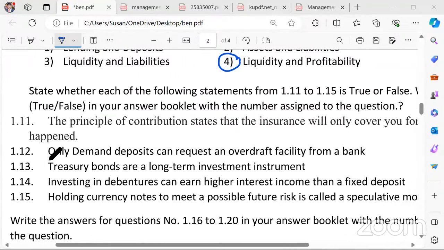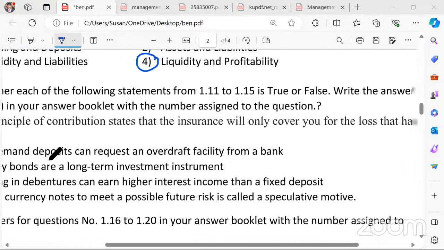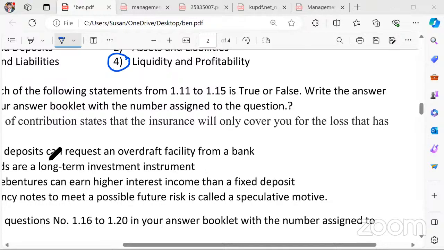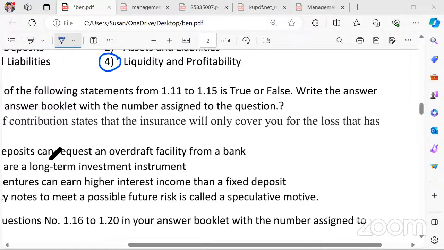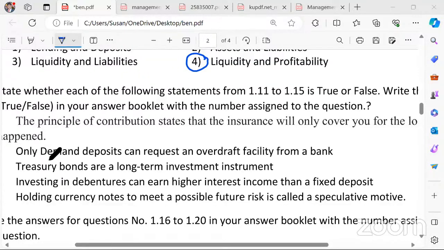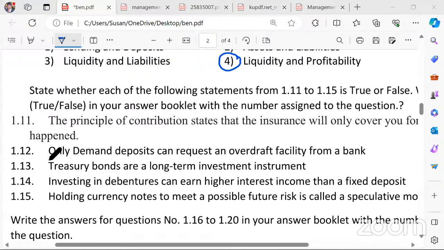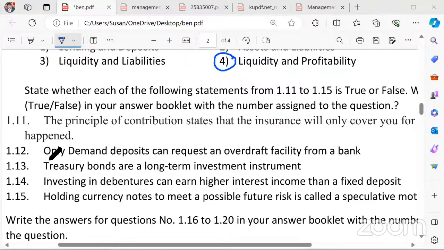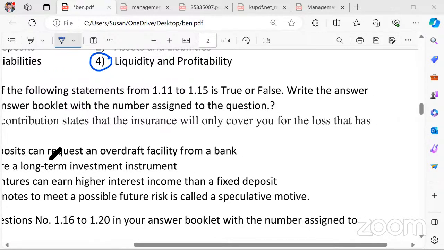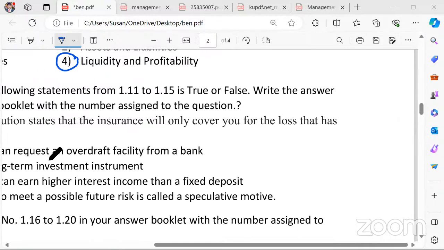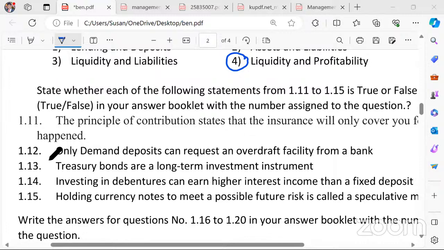The principle of contribution states that insurance will only cover you for the loss that has happened.